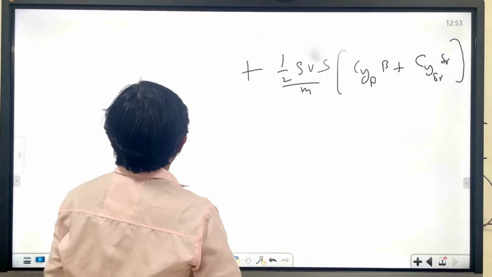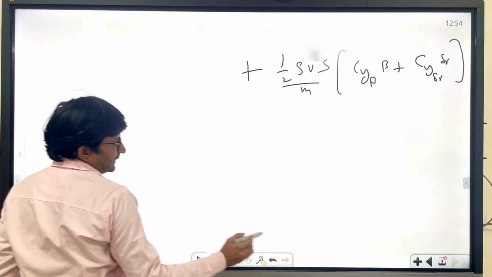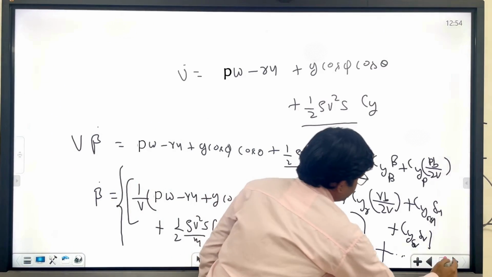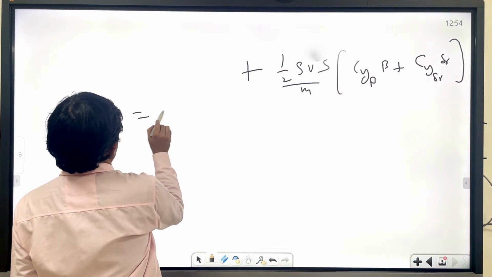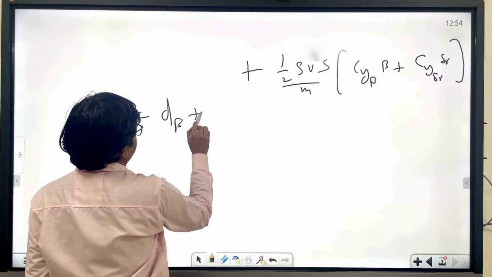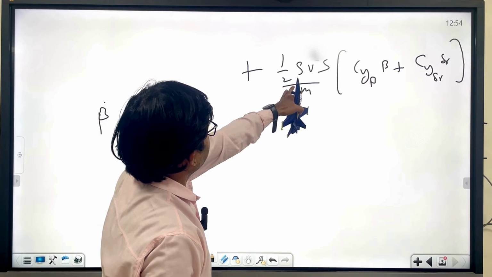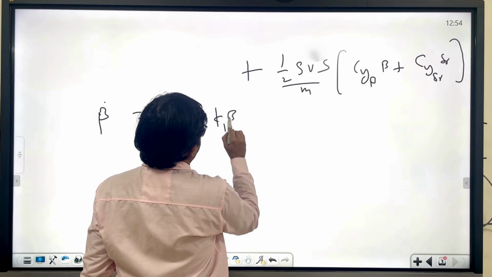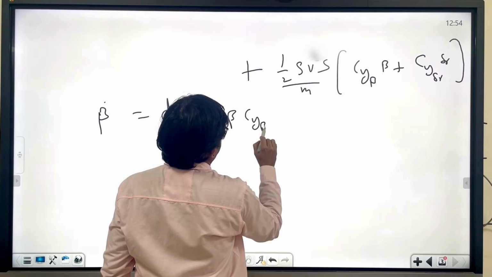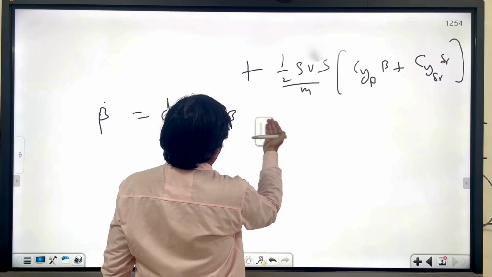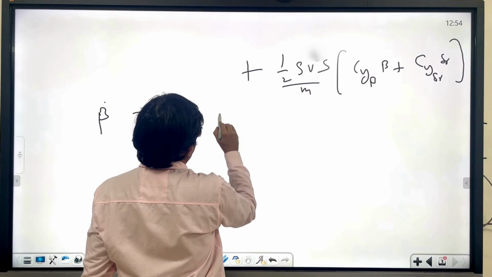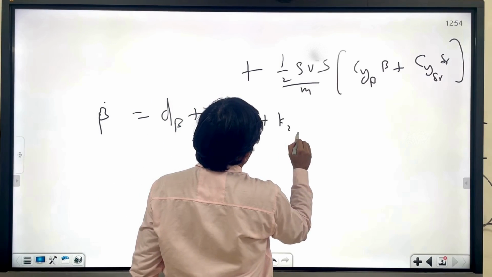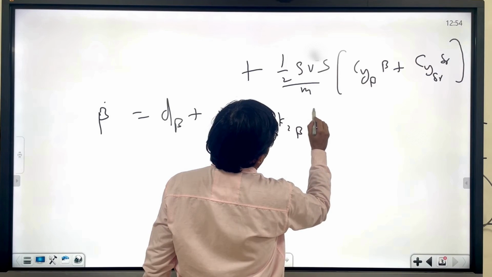Okay, now I can write this complete part as d beta, the disturbance in beta. So you can write d beta plus this: half rho V square S by m Cy beta, I can write as k1 beta into beta, and plus k2 beta into delta r.